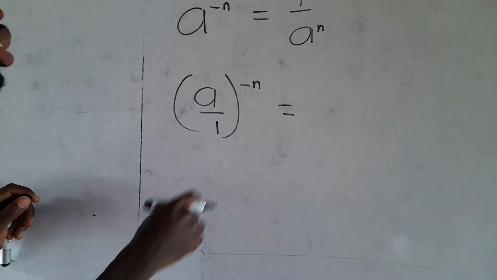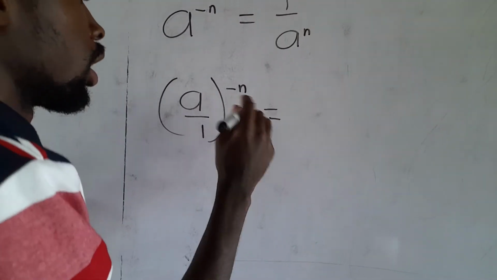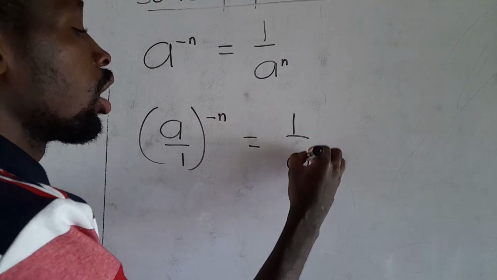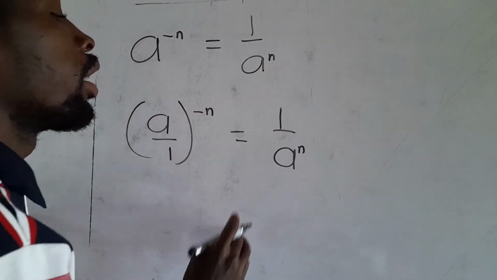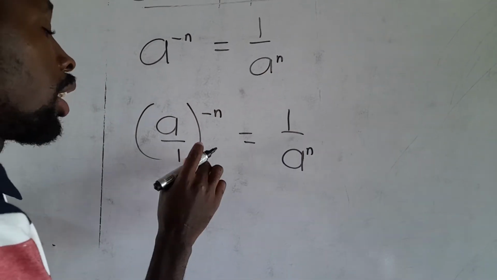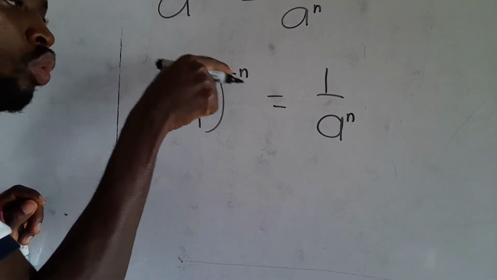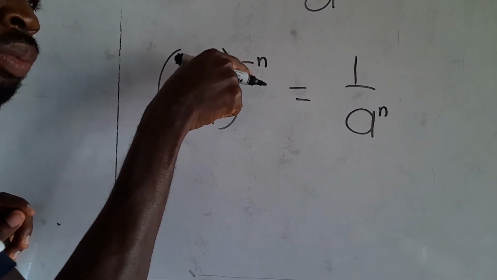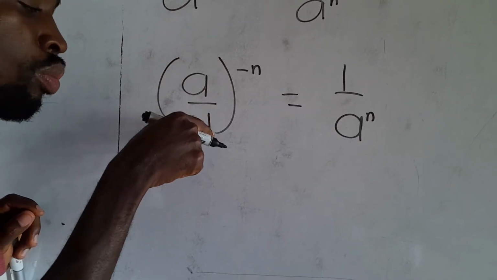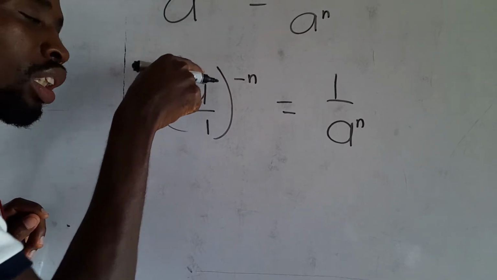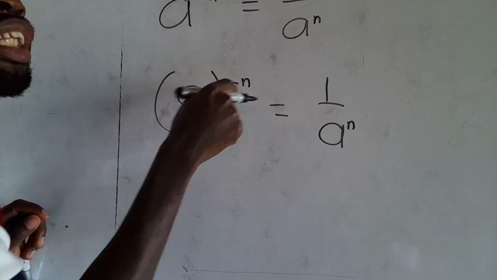So this became 1 over a exponent n. This implies that the denominator became the numerator when it is being exponented by a negative number, and the numerator became the denominator, exponent n.